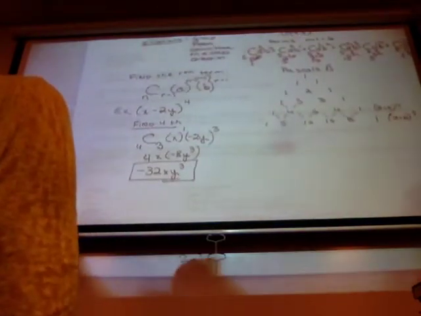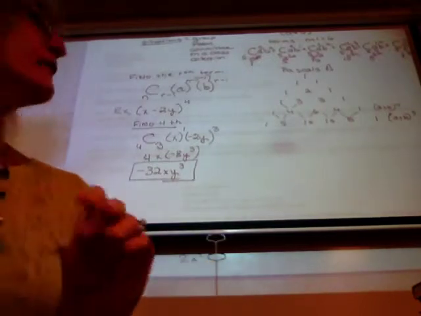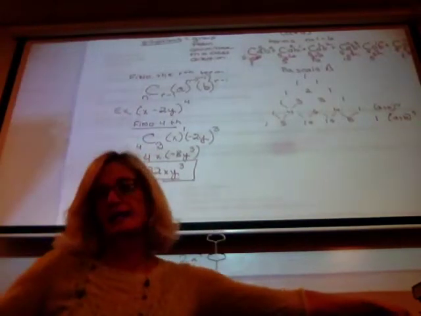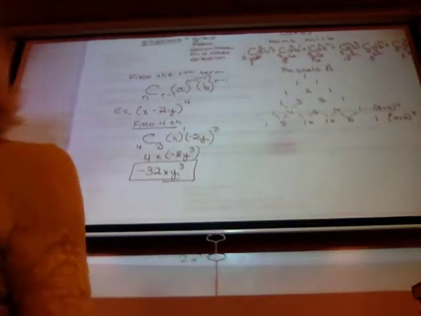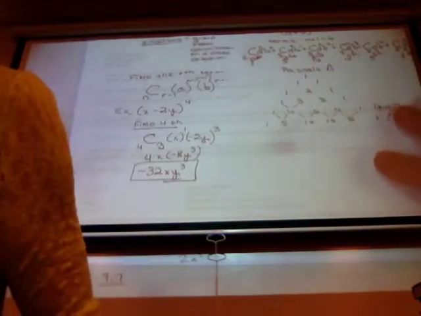Then we went to 9-7. And 9-7 was just with multiple events. And this was when you had some overlapping.